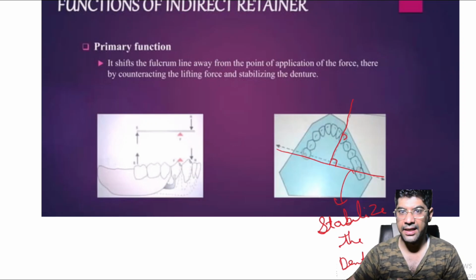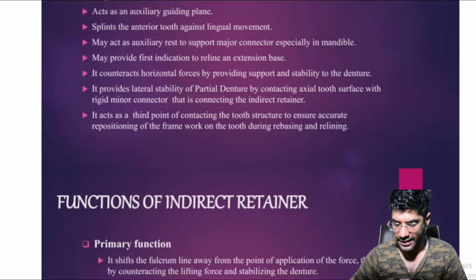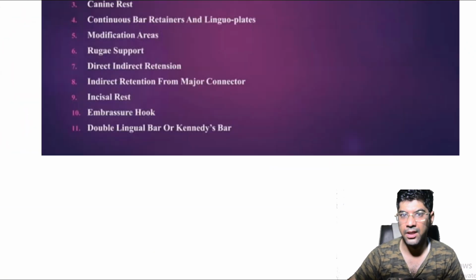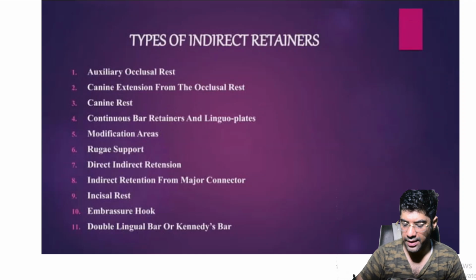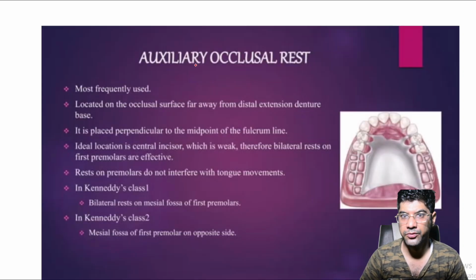Now let us discuss the types of indirect retainers. The first is the auxiliary occlusal rest. This is the most frequently used type of indirect retainer. It is placed on the occlusal surface, as far away from the distal extension base as possible.